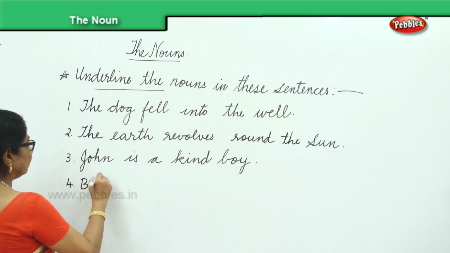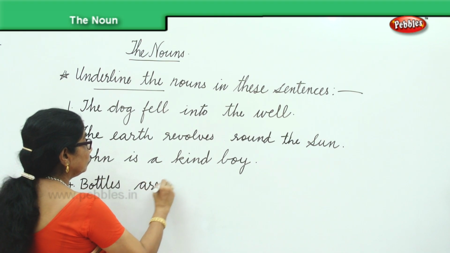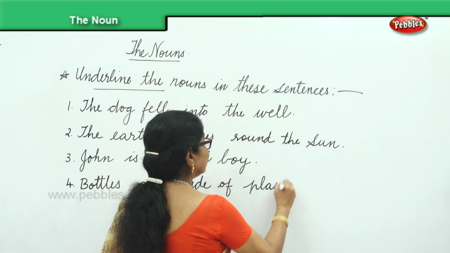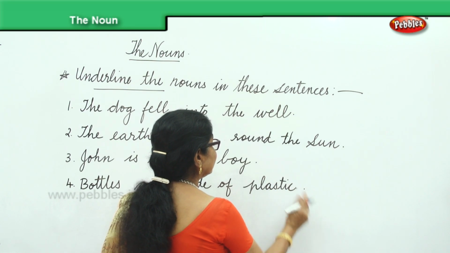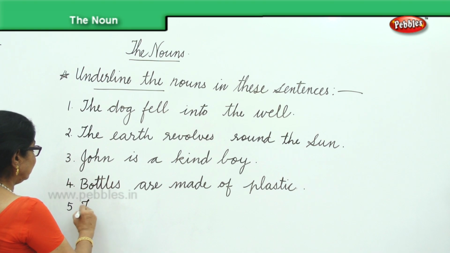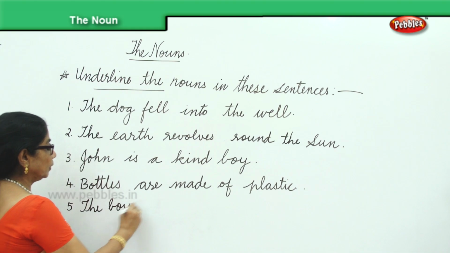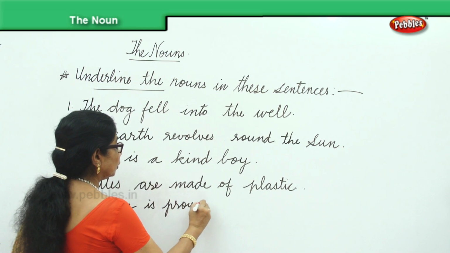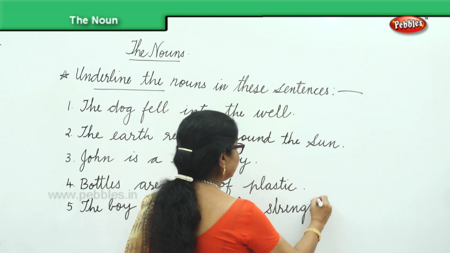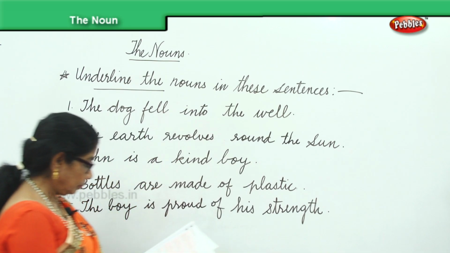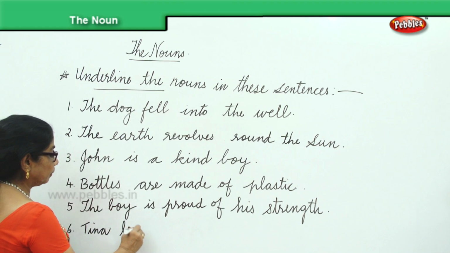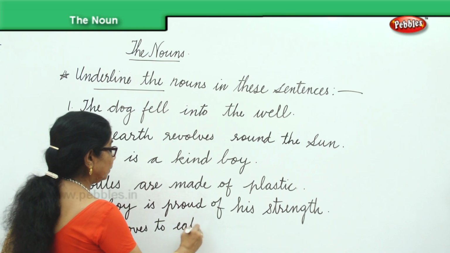Bottles are made of plastic. The boy is proud of his strength. Tina loves to eat mangoes.